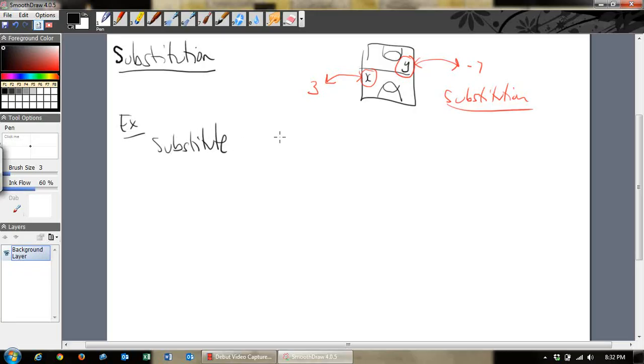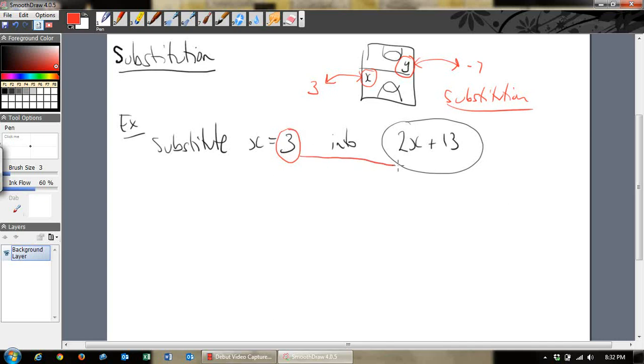So something might be: substitute x equals 3, because we did it up there, into 2x plus 13. What we're doing is looking at this expression, and instead of writing x, we're writing 3. So we're substituting in x equals 3.